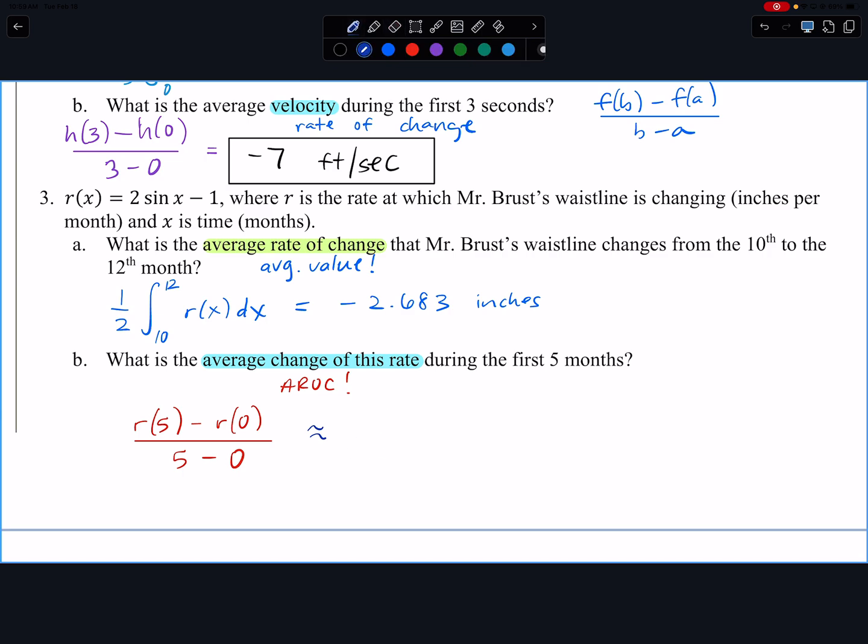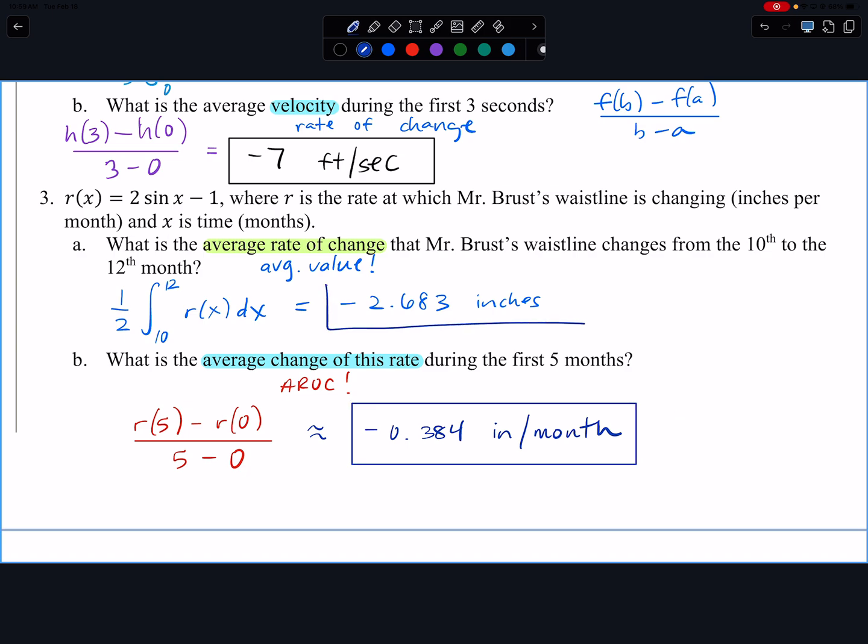I don't know if I've said that in this class though, but everything should be in radians. Negative 0.384. Does that look better? Okay. And here would be inches per month. All right, that is 8.1.